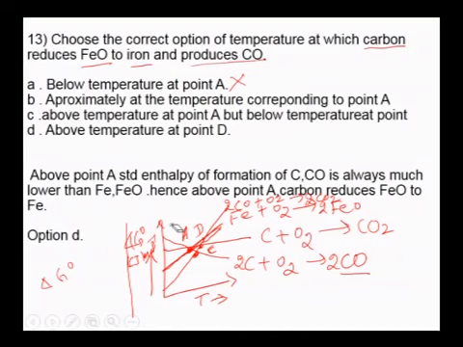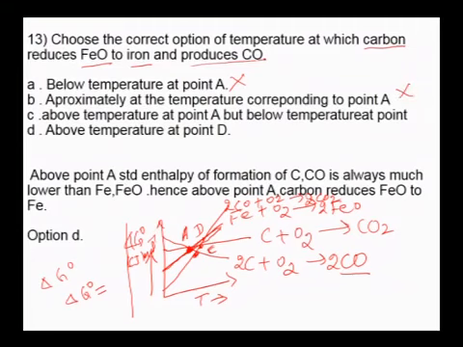Now, let us see approximately at the temperature corresponding to point A. Here, carbon reduces iron oxide to iron. At this point they are intersecting, therefore the standard free energy change is the same. Therefore, this option is also not possible.